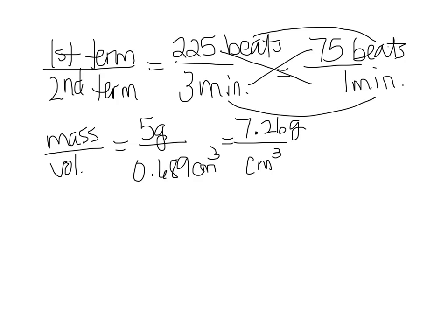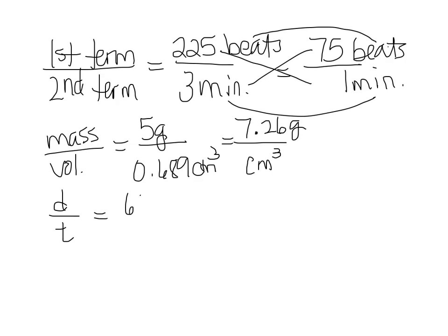Okay, the next one says a bicyclist rides the first 60 kilometers of a 220 kilometer race in 1.5 hours. What is the bicyclist's average speed? So speed is always distance over time. So how far does he go? 60 kilometers.